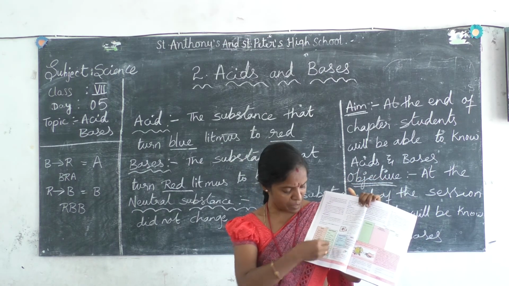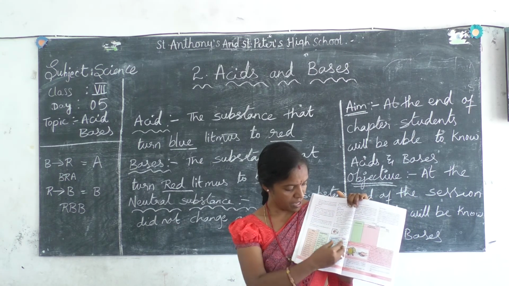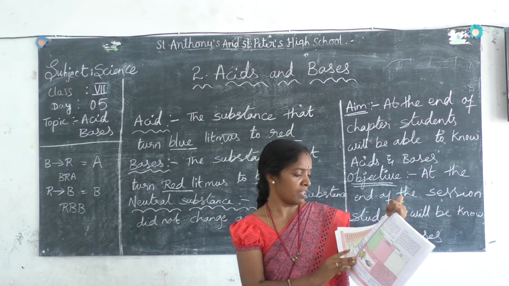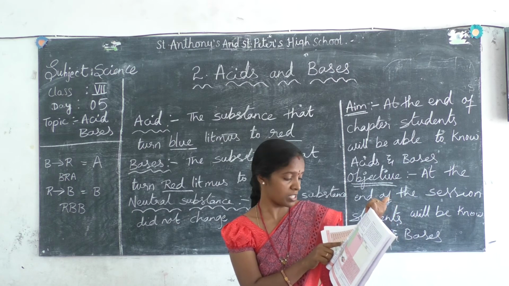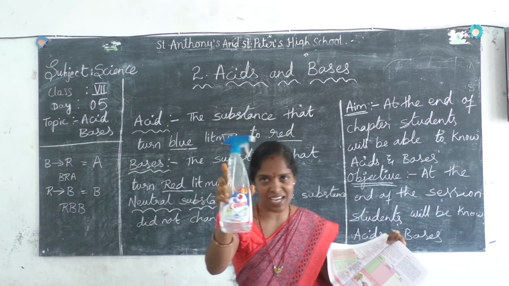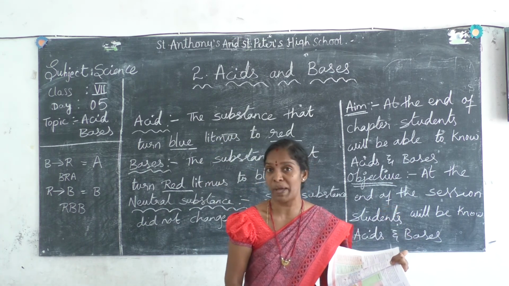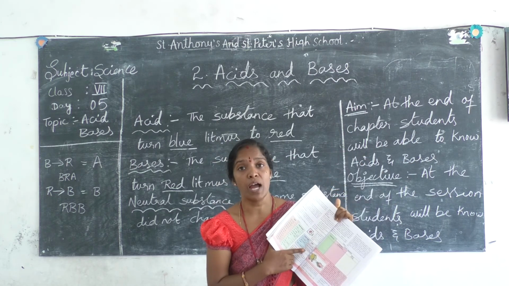These are the acids present in our fruits and vegetables. And these are the bases present in our daily use, like lime water, a base, calcium hydroxide. Glass cleaner has ammonium hydroxide base. Soap has sodium hydroxide.